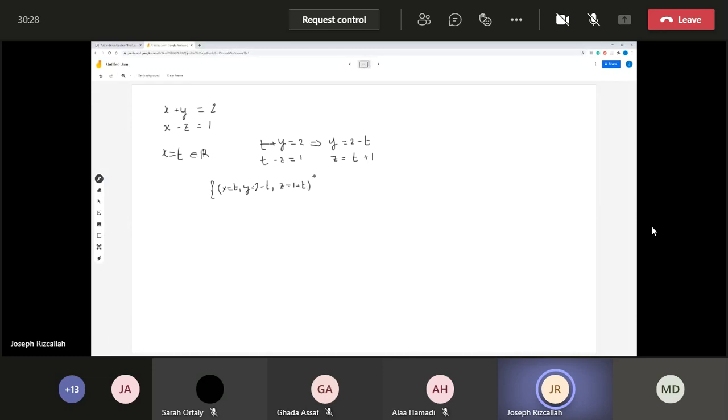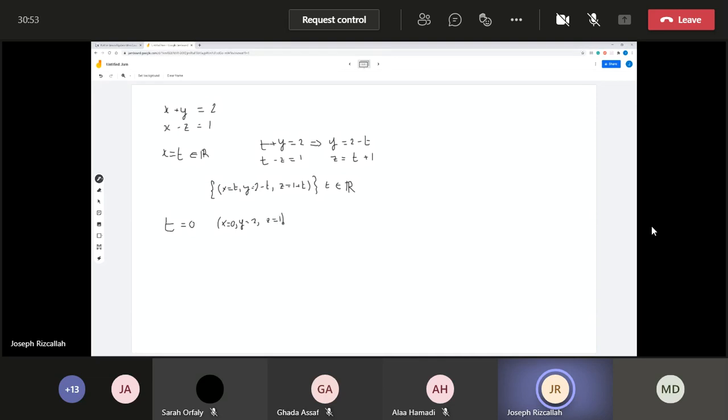Okay, all these triples where t belongs to the real numbers. For example, let's take an example. Let's take t to be 0. If t is 0, then what's the solution? The solution is x equals 0, okay? y equals 2, and z is equal to minus 1.